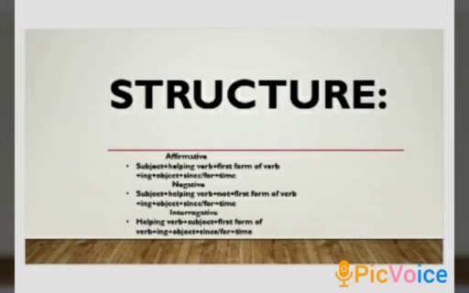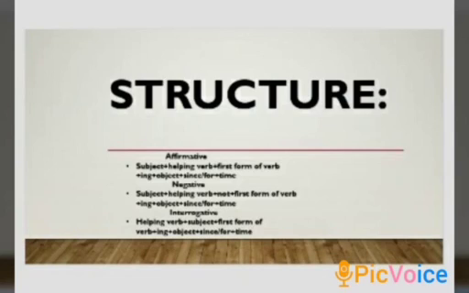Now students, let's discuss the structure of present perfect continuous tense. For affirmative sentences: subject plus helping verb plus first form of verb plus ing, object, then since or for, and then time will come. For example, she has been learning tables for 5 hours.